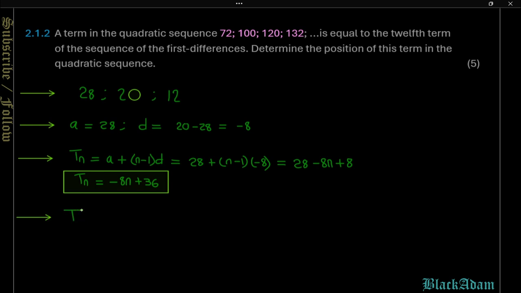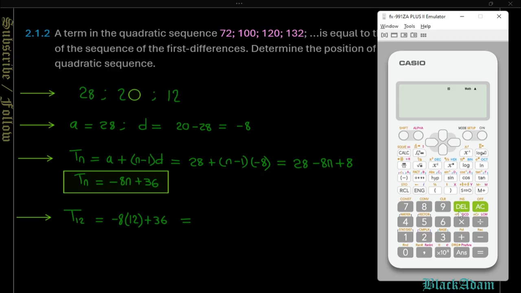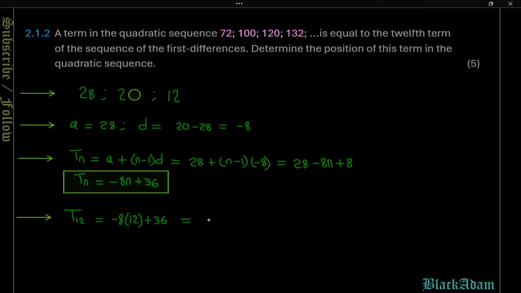Then from there, let's say term 12. Term 12 in the first difference is negative 8 multiplied by 12 plus 36. Using a calculator, negative 8 multiplied by 12 is negative 96, and negative 96 plus 36 gives us negative 60.